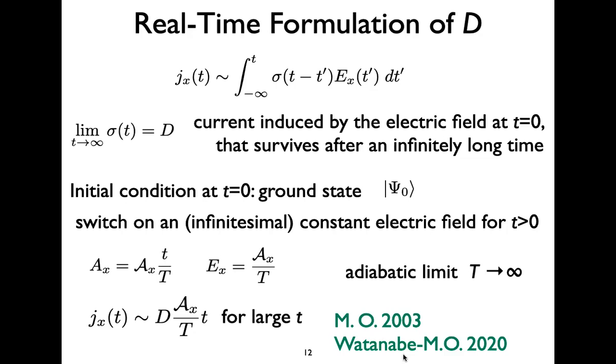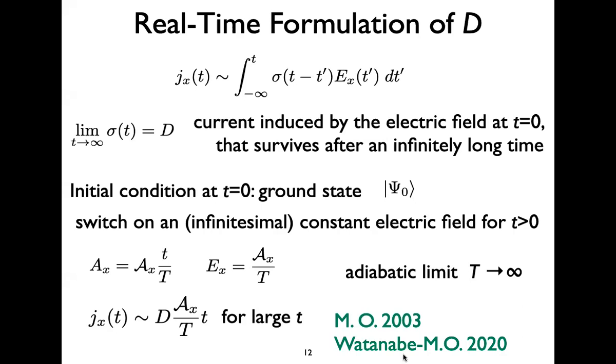So generally speaking, the linear response theory for this current can be written like this. That is, the current at t is given by the integral of the effect of the electric field in the past. You integrate over t prime from minus infinity to time t.